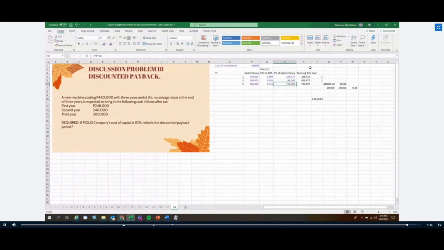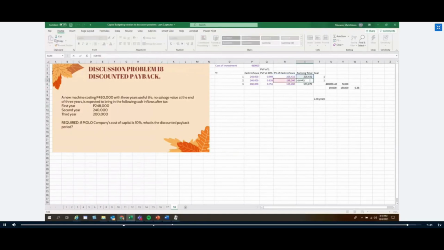Now, we have the running total here, simply your cumulative. So 225,042 plus 198,240 is 423,672. Now, in year 3, you have 573,872. But remember, the cost of investment is only 480,000.